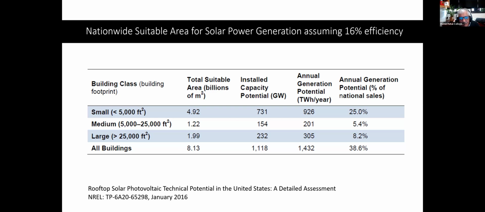Medium, between 5,000 and 25,000 feet, about 5%, larger than 25,000 feet, 8.2%. All buildings combined, more than 38% of the electricity within the US nationwide can be generated by solar.